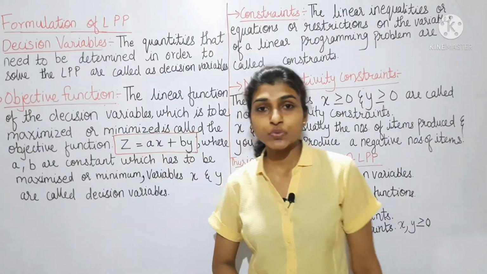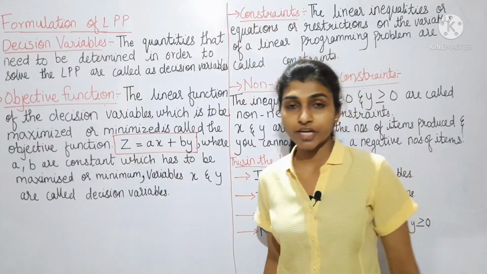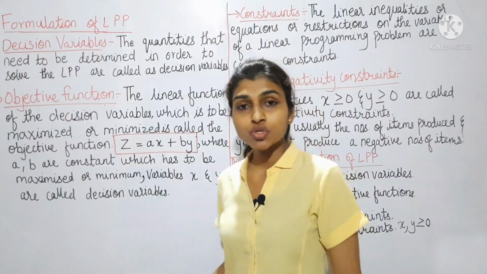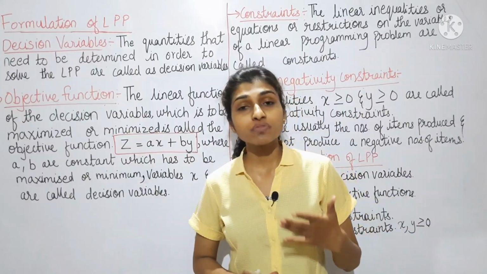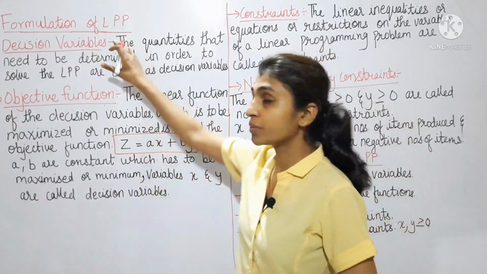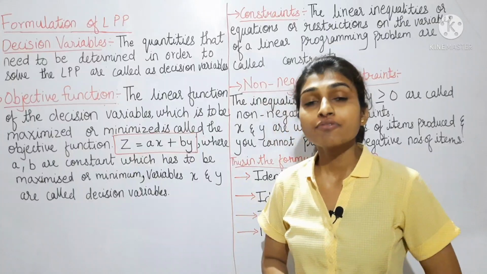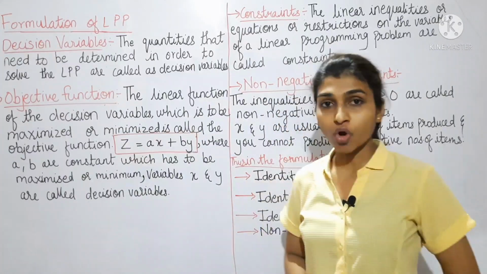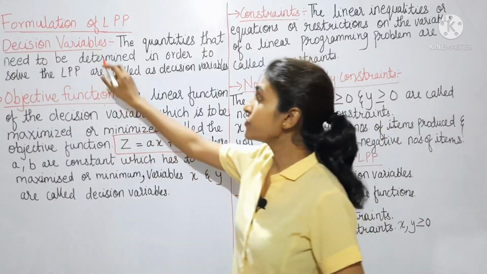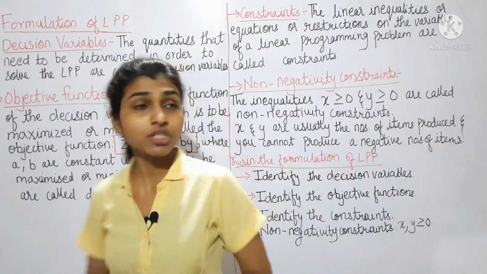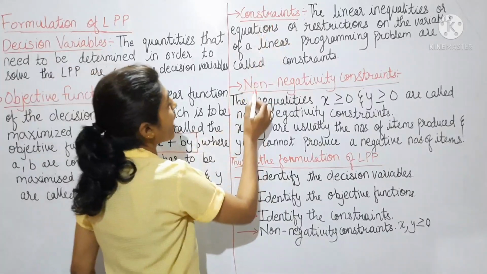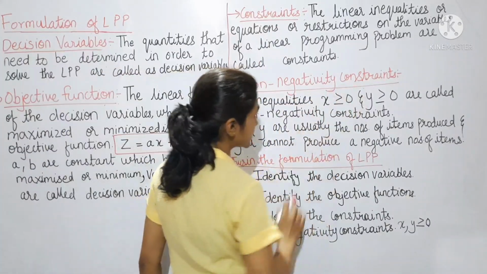Now next we'll see the formulation of LPP. In formulation of LPP there are 4 most important components. With the help of these components we can formulate the LPP. So the components are: first is decision variable, next is objective function, third is constraints, and fourth is non-negativity constraints.